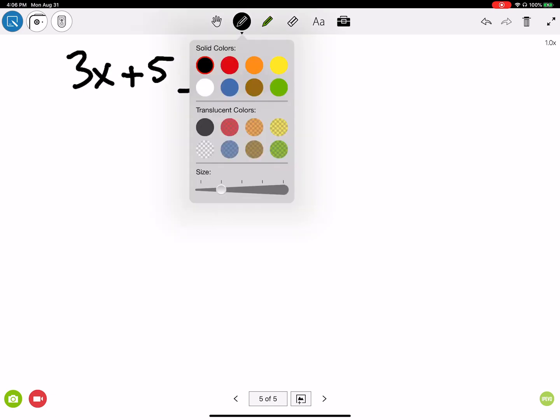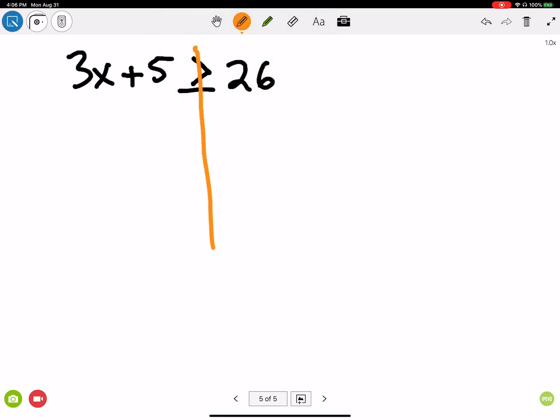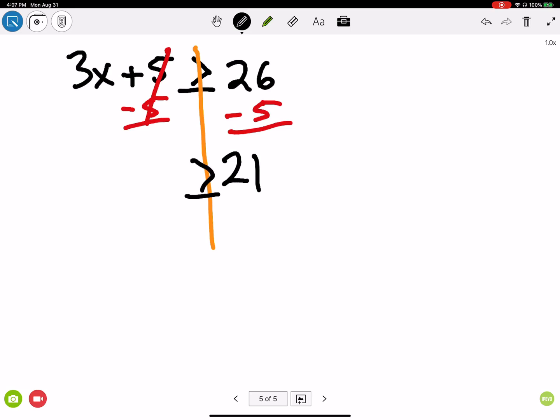All right, so let's get our mirror going. Let's solve this. Remember, we're going to undo any addition or subtraction first. So subtract 5, subtract 5. These 5's cancel out. This gives me 21.